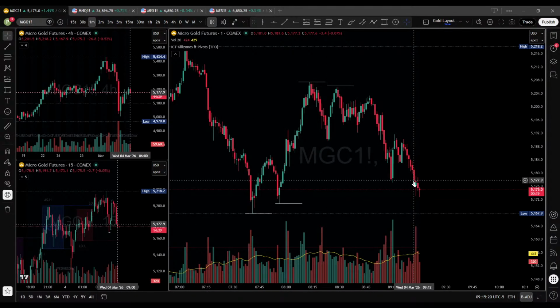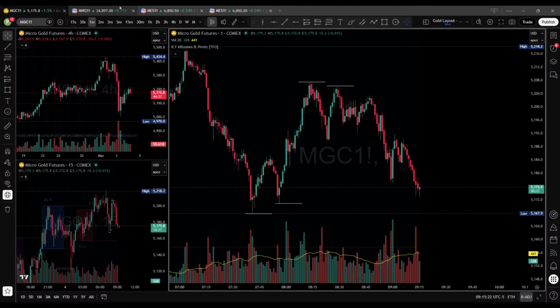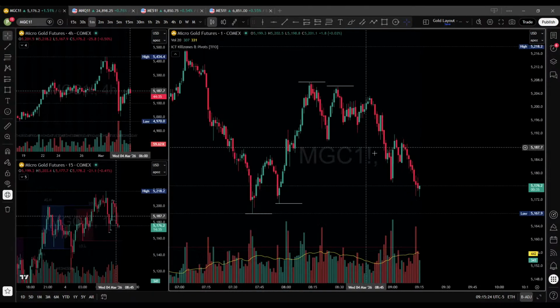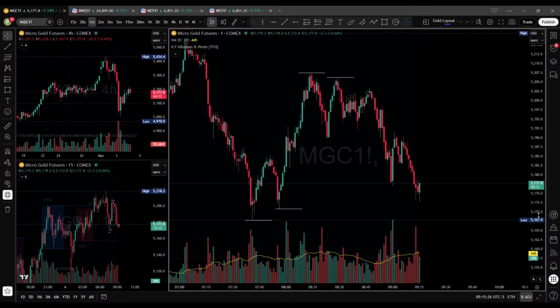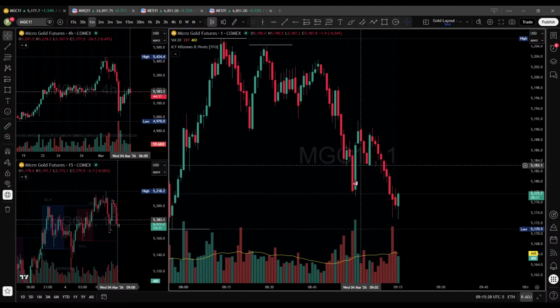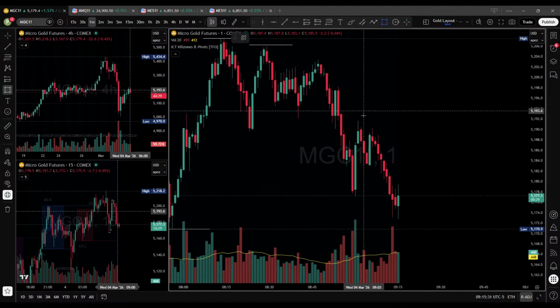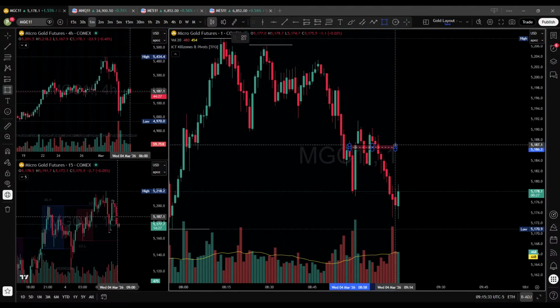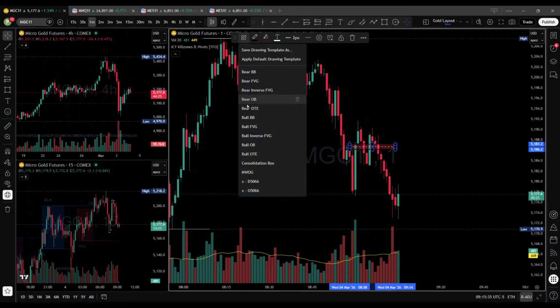If you're able to identify those setups, like here, see how strong this manipulation leg was. So this one was a bullish fair value gap.